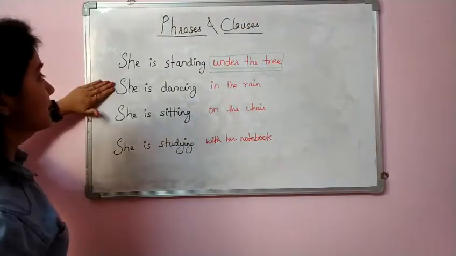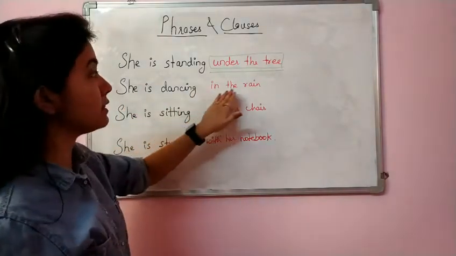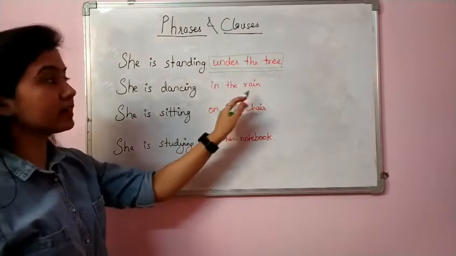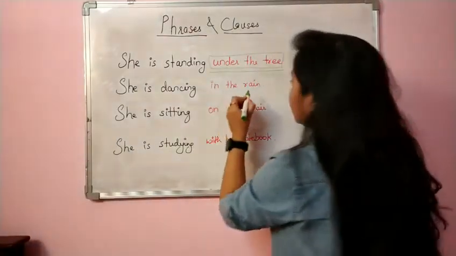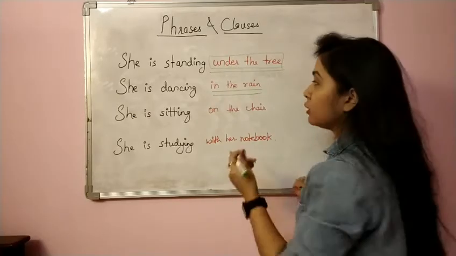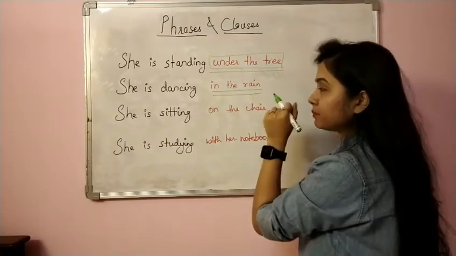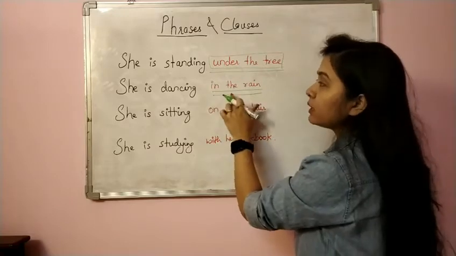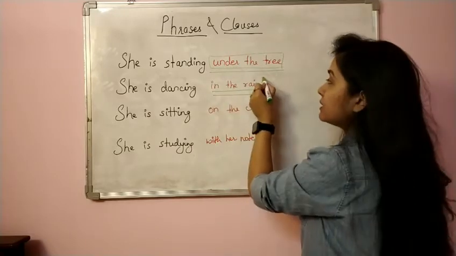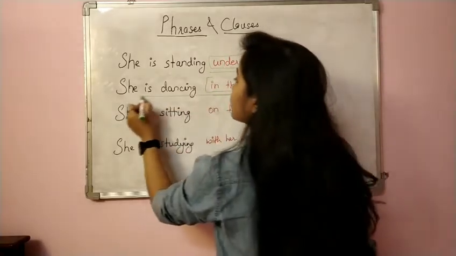Similarly, in the second example, if you read it, it's like she is dancing in the rain. Now read this again. In the rain. बारिश में. So this has some meaning. Individually the words will have meaning, but this will not give the meaning of the entire sentence.